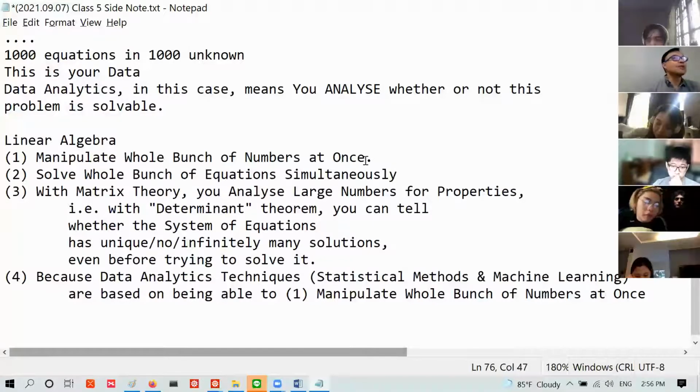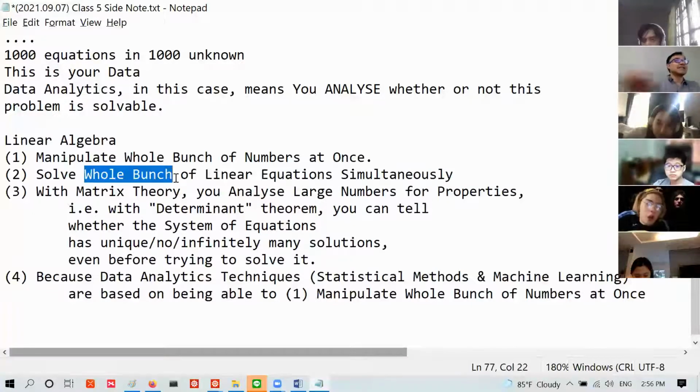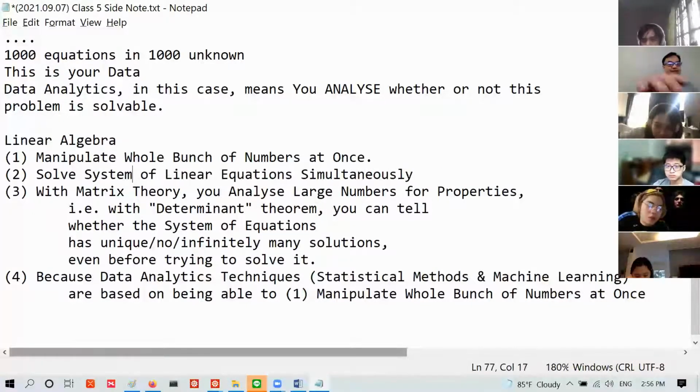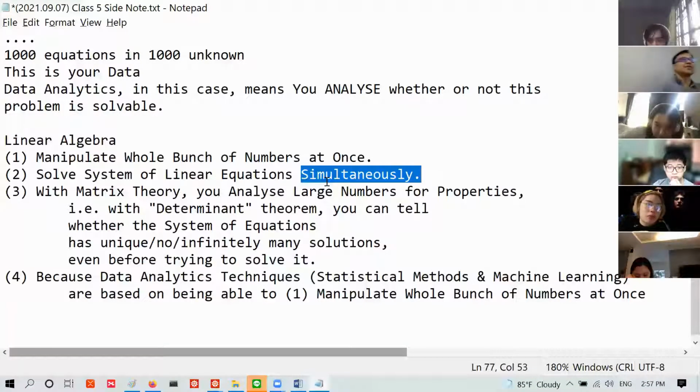You can solve a whole bunch of equations. Instead of a whole bunch, I just say a system of equations. In fact, the word simultaneously is redundant. Obviously, solving a whole system has to be simultaneous.